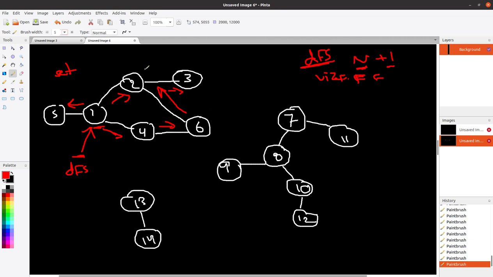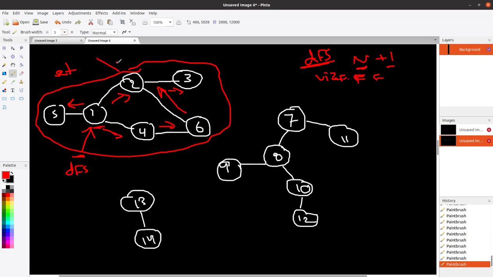After collecting this set by doing DFS at 1, now at node 2 we need to check if we need to do DFS, but node 2 is already visited because its value is true after the DFS for the first node. So there is no need to do DFS on node 2. Same for 3, 4, 5, 6.